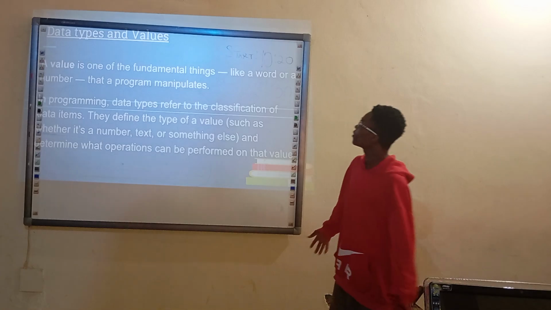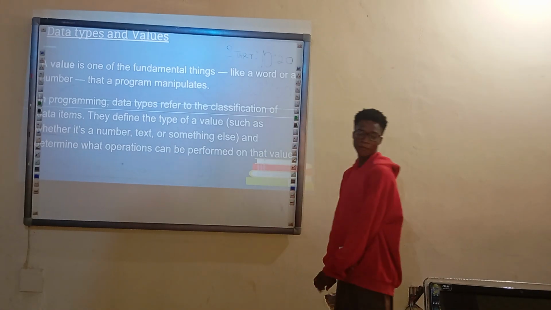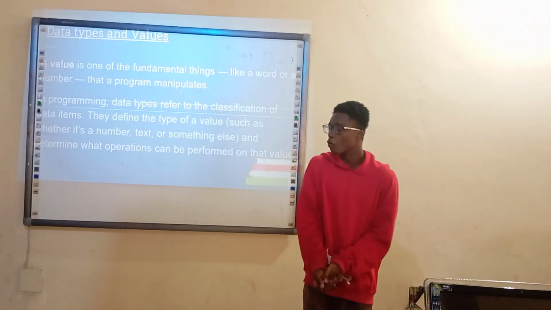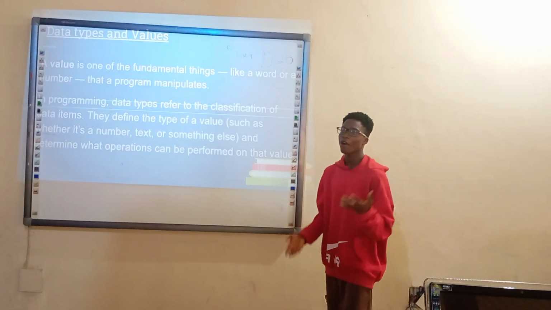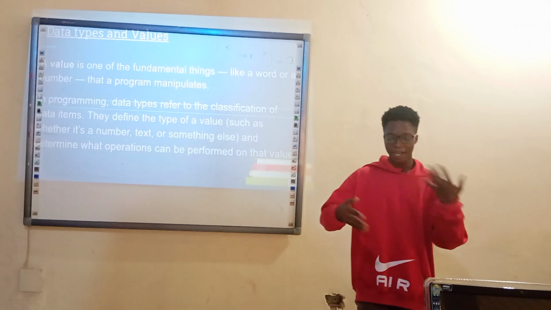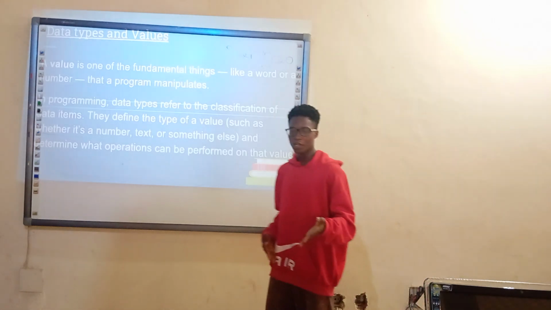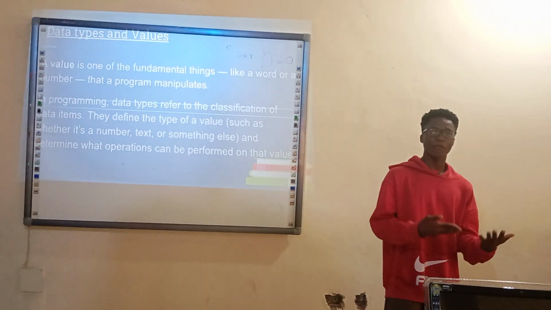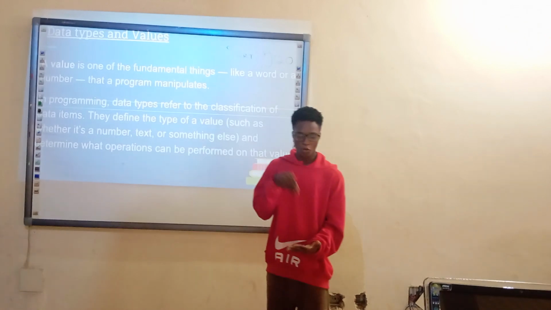So first of all, the first slide tells us about data types and values. A value is one of the fundamental things, like a word or a number, that a program manipulates. What we give to our IDE or our interpreter, we give them these values in the form of algorithms or instructions for it to run our code.